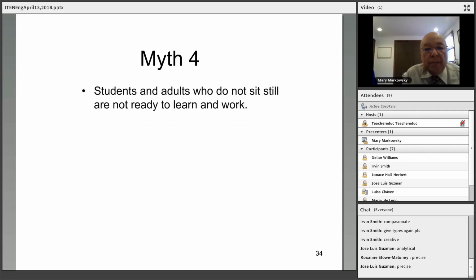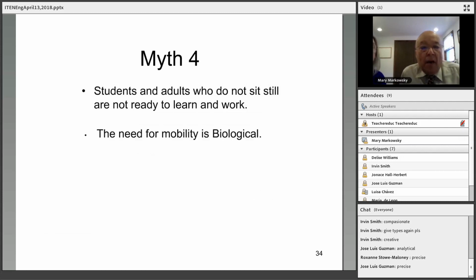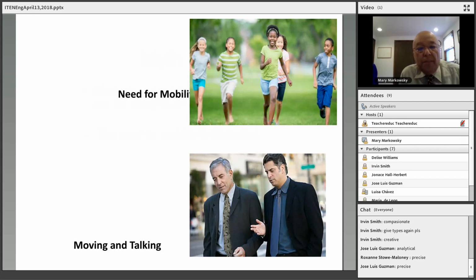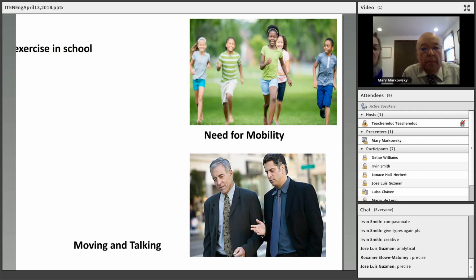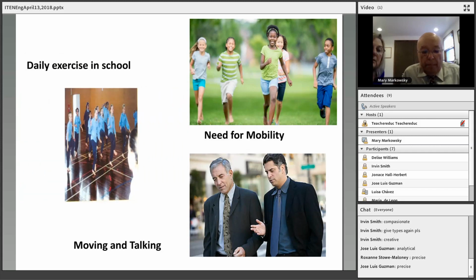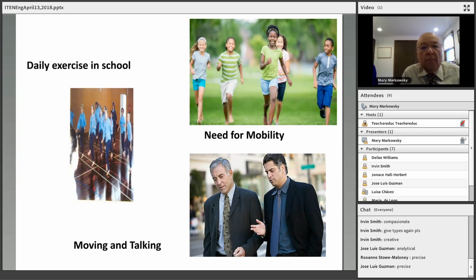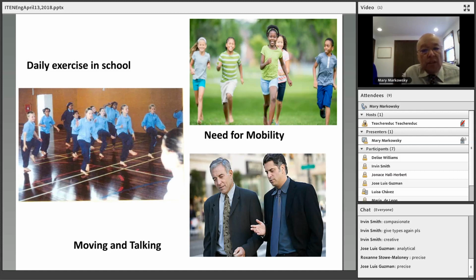Myth 4. Students and adults who do not sit still are not ready to learn and work. Of course, the need for mobility is biological. Here we have 3 examples. Daily exercise in school.